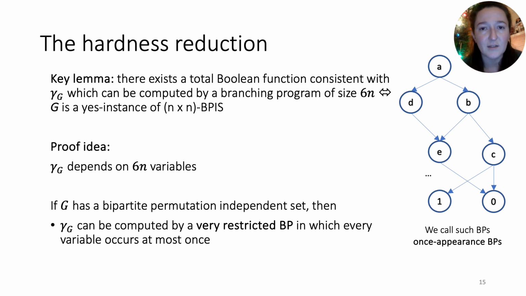And this is just an example of a branching program in which every variable occurs once. So you can see we have different nodes, different labels. We call such a branching program a once-appearance branching program. It's very restricted. So if a function depends on 5 variables, then this branching program will have size at most 5, which is a very huge restriction.